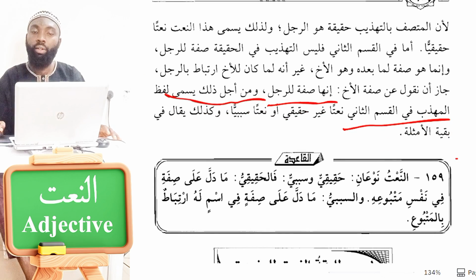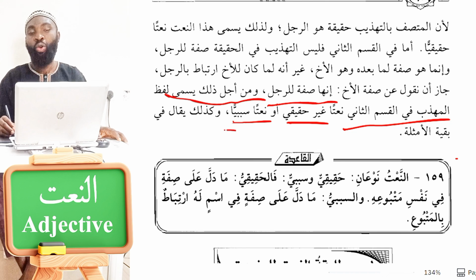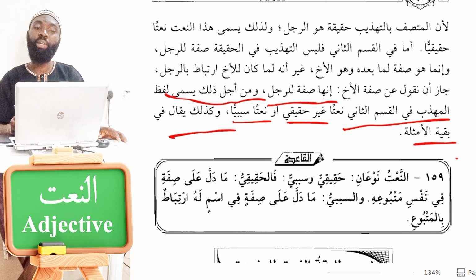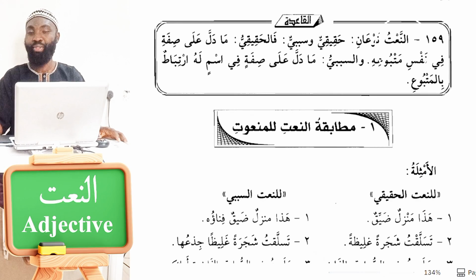Na'at ghayr haqiqi, that it is not a real na'at, or we can call it a relational, or a causal adjective. And likewise this expression we have given is what we can say in all of the other examples.